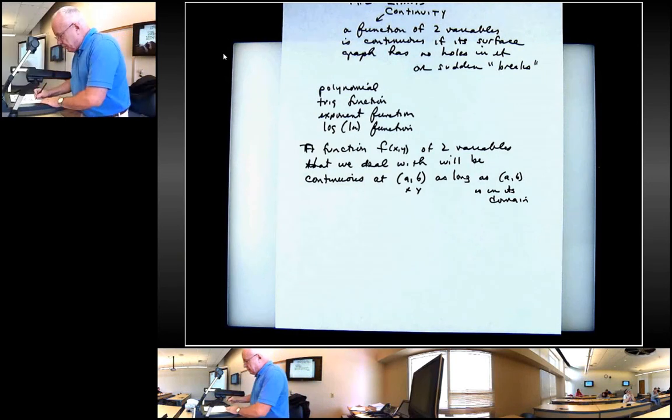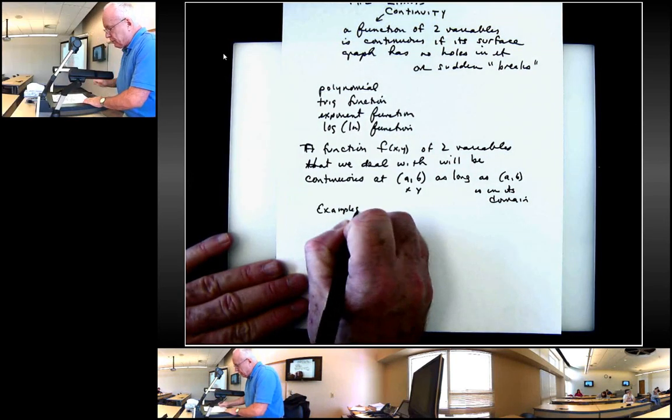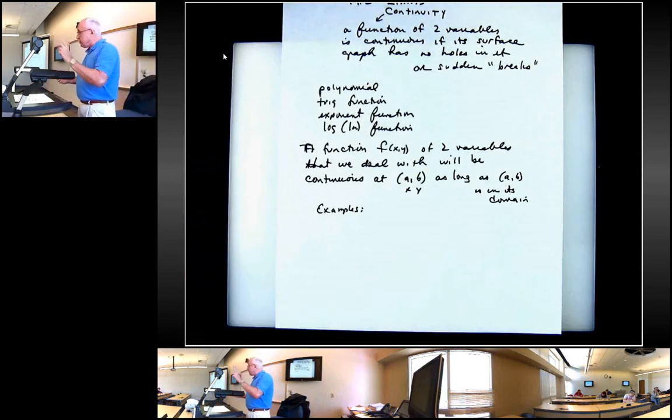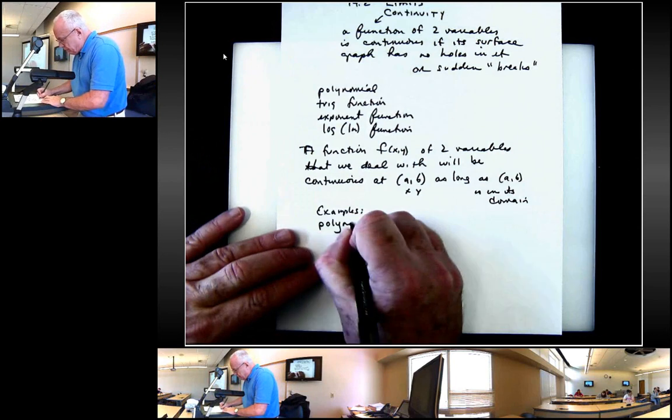And some just very basic kind of examples as far as the polynomials are concerned. Now we have polynomials of two variables. So a polynomial of two variables.